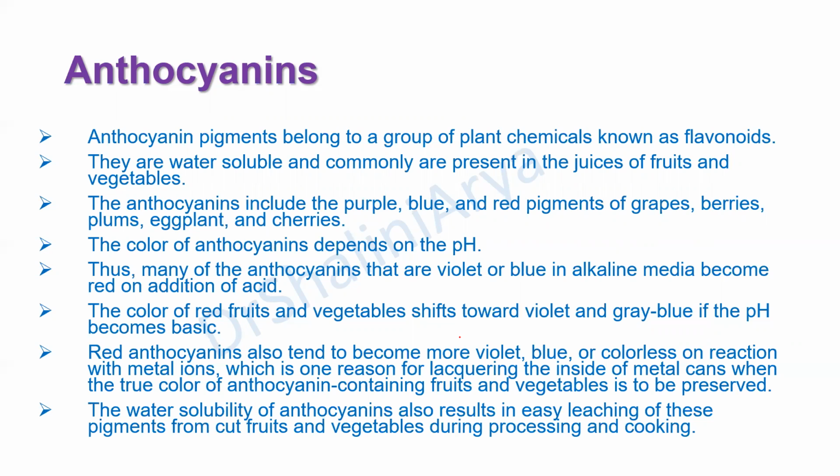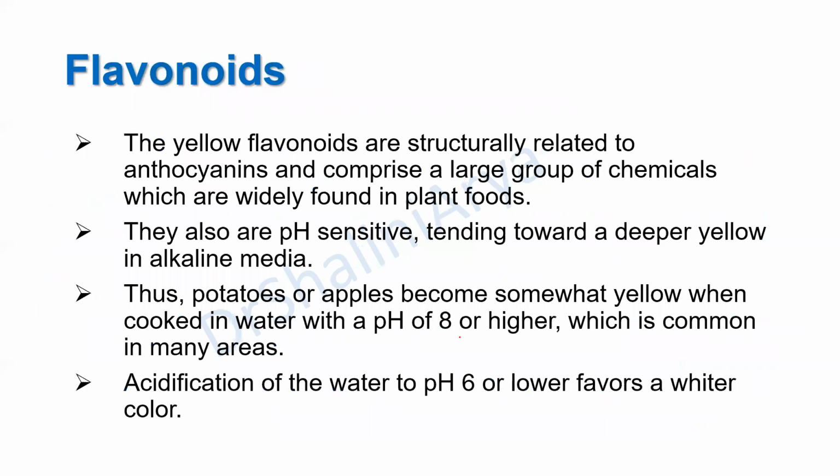Many anthocyanins that are violet or blue in alkaline media become red on addition of acid. This is because they are completely dependent on pH. The color of red fruits and vegetables shifts towards violet and gray blue if the pH becomes a little basic.